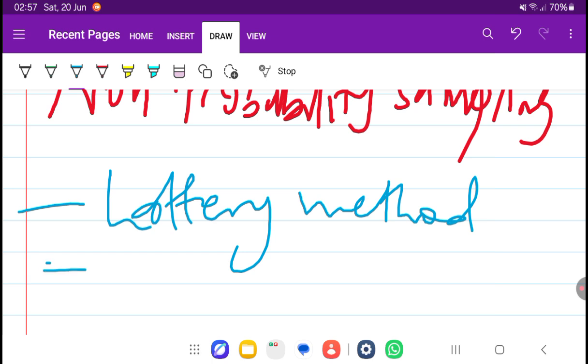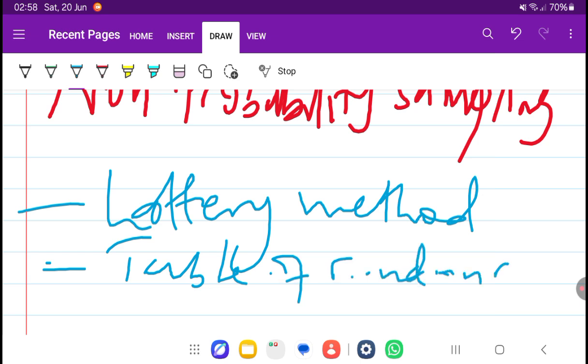They are mainly two, actually. They always use the lottery method and then the table of random numbers. So these ones you can study about them, so that when you come back we look at what we call the non-random sampling methods.